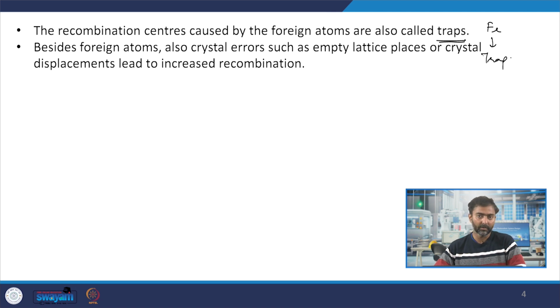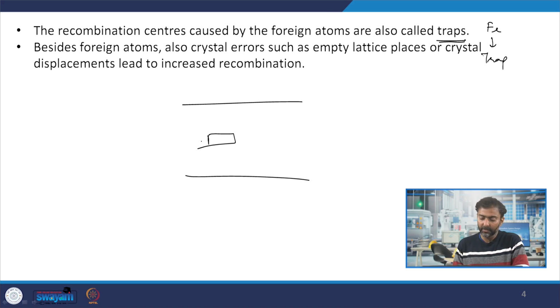That also we talked about, that if you have a crystal structure and there is some displacement of some particular atoms within the crystal which is creating an empty lattice place within the conduction band and valence band, then that empty lattice place also gives an easy escape path for the electron to jump from the conduction band to that empty lattice place, and then from there down to the valence band. So all these are imperfection recombinations.